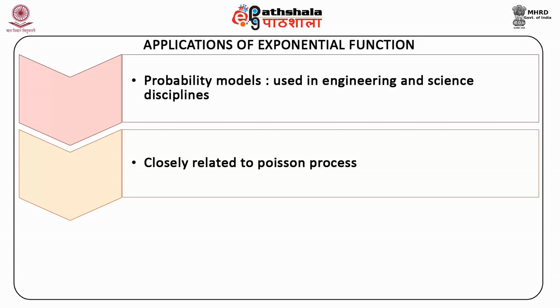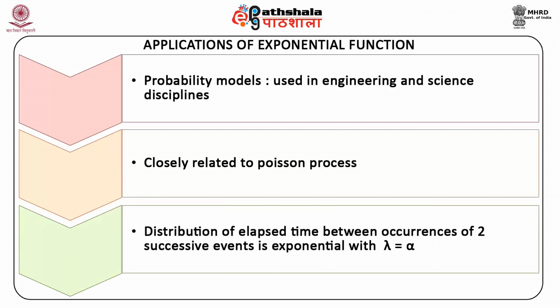If the number of occurrences is Poisson distributed, the lapse of time between occurrences will be exponentially distributed. Given a Poisson distribution with parameter alpha t, where alpha is equal to the expected number of events occurring in 1 unit of time and t is equal to the time interval of length, and the number of occurrences in overlapping intervals are independent of one another, then the distribution of elapsed time between the occurrences of two successive events is exponential with parameter lambda equal to alpha.